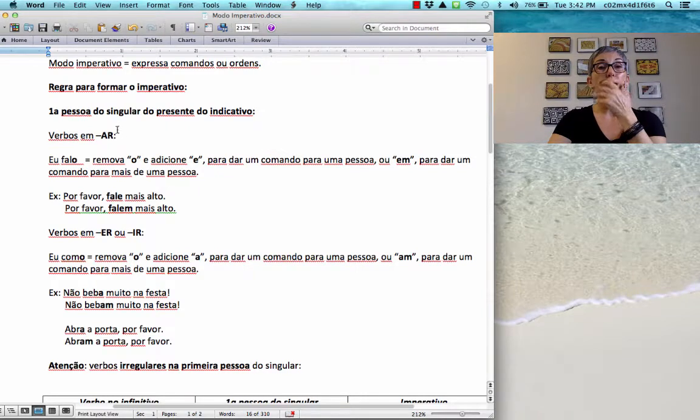So how do we make the imperative of the first conjugation verbs, the AR verbs? You're going to get the first person singular. Eu falo. Remova o O e adicione E. So remove the O and add E.